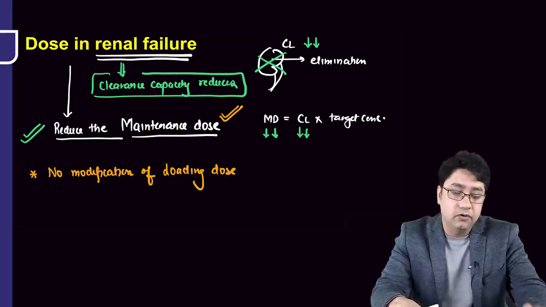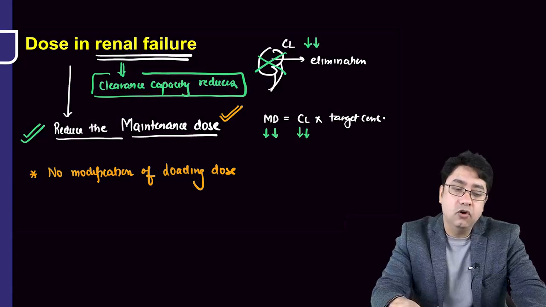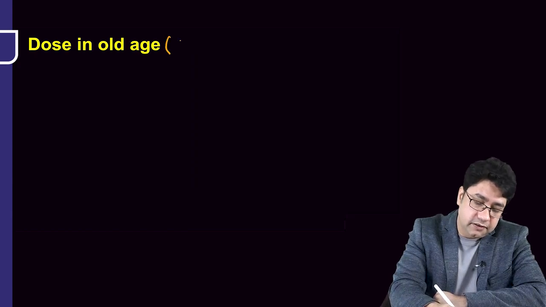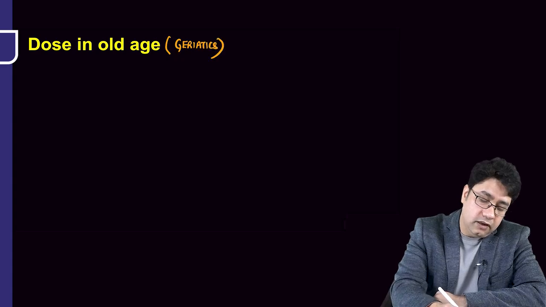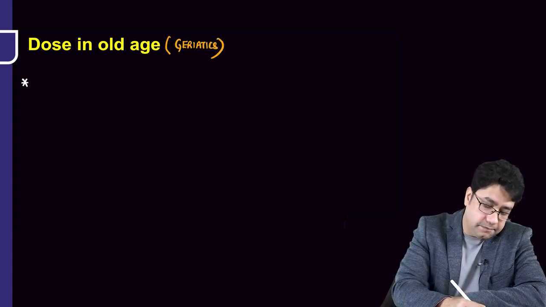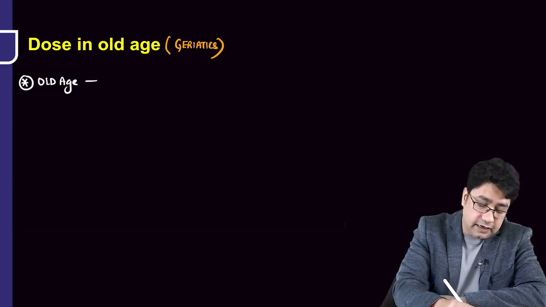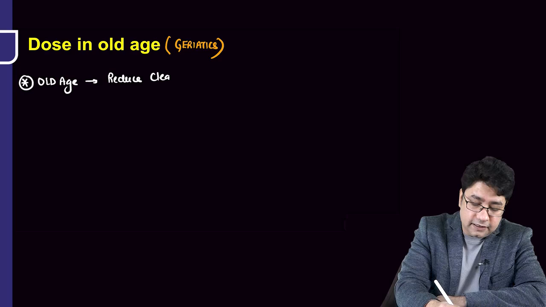Now let's talk about dosing in old age patients, that is geriatric patients. So beta, what happens in old age? In old age, with time, there is reduced clearance capacity of the kidney.